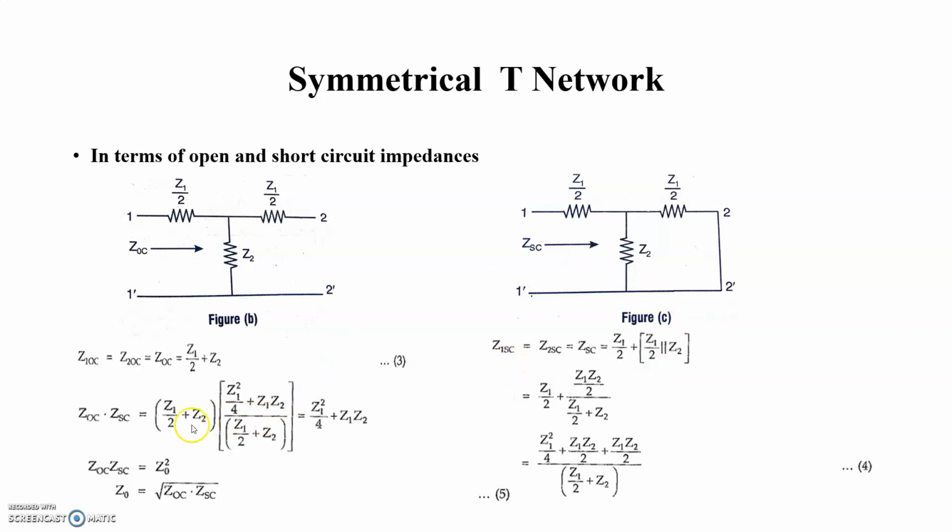You write and expand this equation, and finally we get Z0 equal to the root of ZOC into ZSC. This represents that the characteristic impedance is the geometric mean of the open and short circuit impedances measured at any pair of terminals.